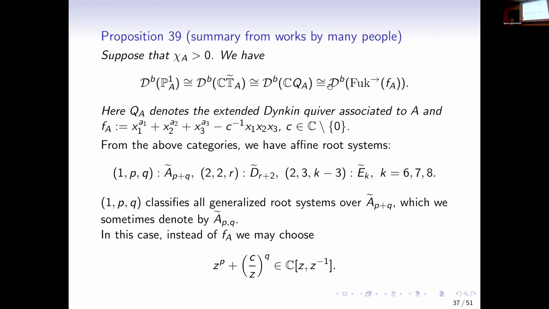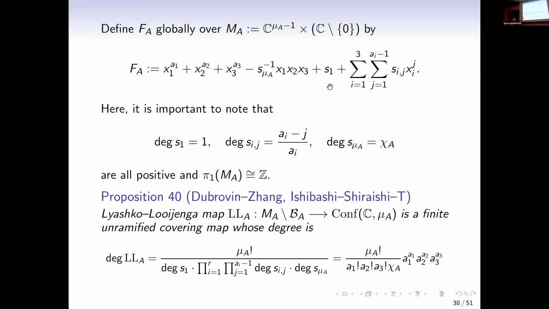But anyway, we can put degrees on these variables. The point is that we assume chi is positive, so therefore all parameters are of positive degrees.